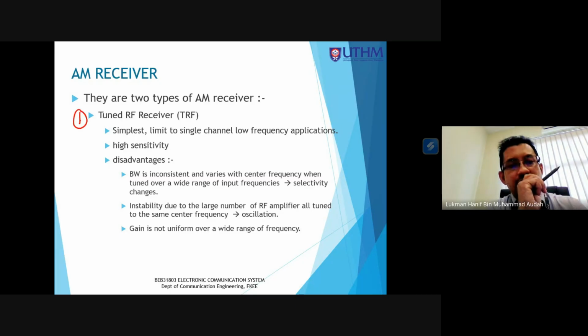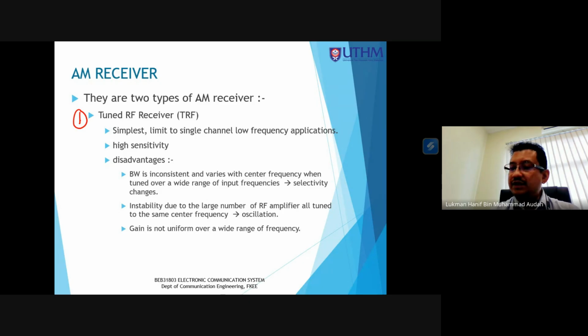This tuned RF receiver is the simplest, limited to single channel, low frequency applications, and it has high sensitivity. Among the disadvantages of this type of receiver is that the bandwidth is inconsistent and varies with the center frequency when we tune over a wide range of input frequencies.